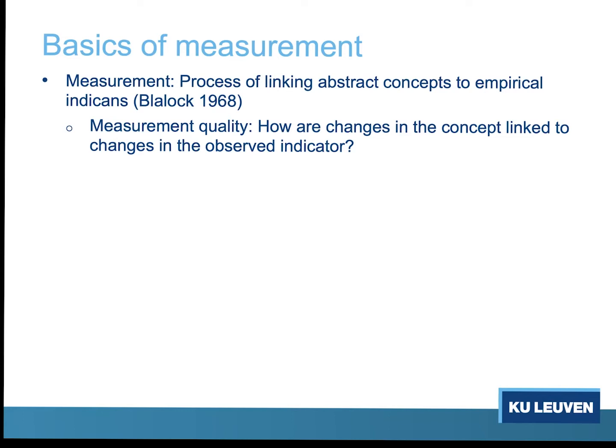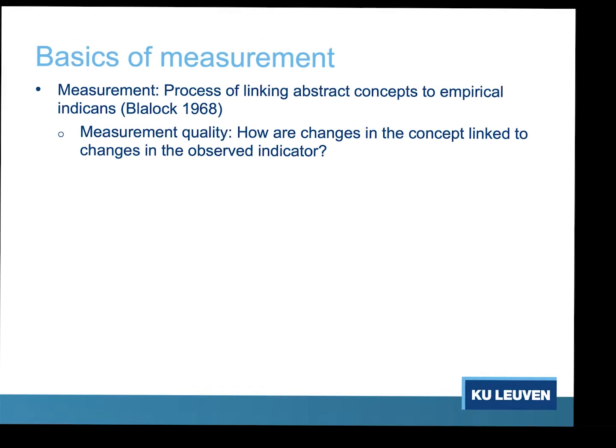Now, how can we really assess this measurement quality, and how can we go about it, and what can go wrong in this whole procedure? Well, I think it's important to understand that measurement is a procedure in several steps that you can lay apart conceptually. Often they happen at the same time, but at least conceptually you can lay them apart.